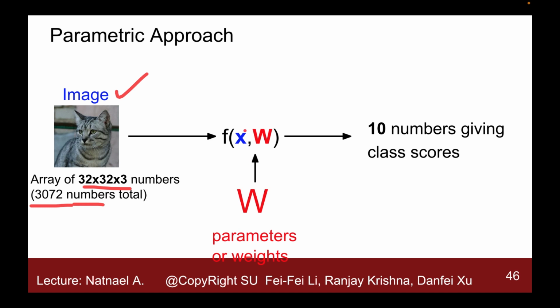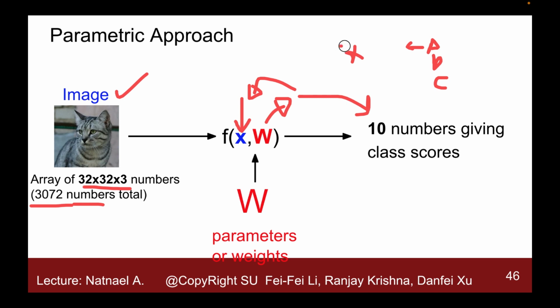Here, x is basically the input image. W is the weight of each of these classes on this image. For instance, if you have classes like A, B, and C, say there are 3 possible classes, then x is one image, and W is simply the weight assigned to this class in relation to this input image.